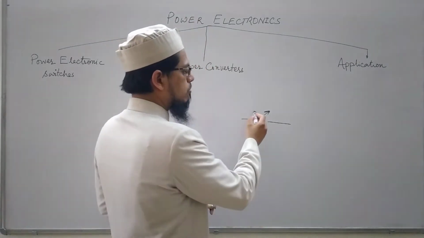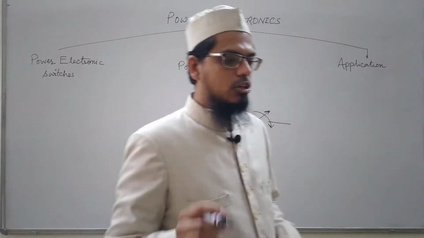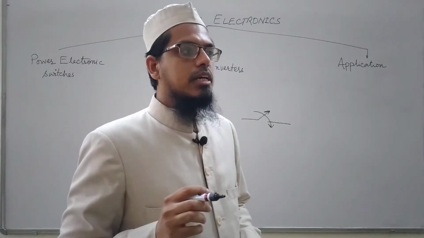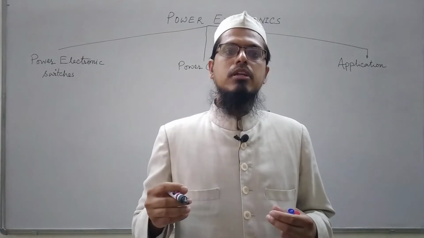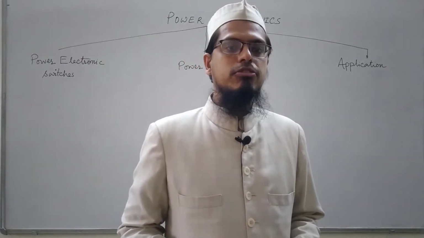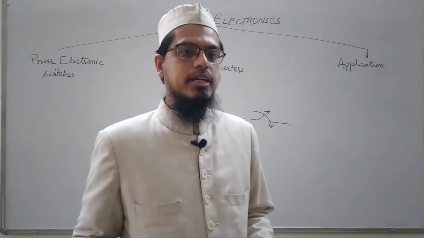So this is a normal switch, and you can turn it on and off. But there is a limit to the number of times you can turn it on and off in 1 second. At most you can turn it on and off say 2 times or 3 times in 1 second.